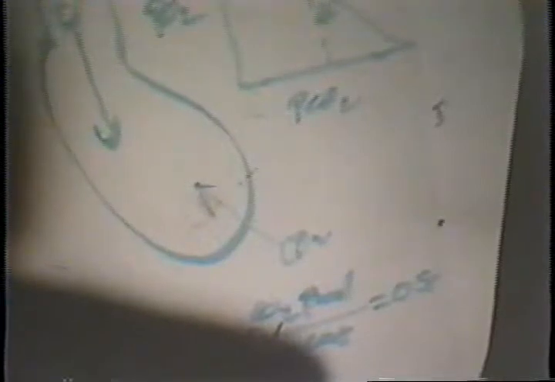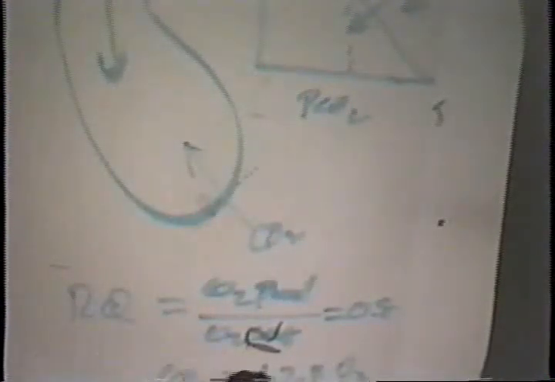Now, 1 over 0.8 is about 1.2. Now, this tells me the following. This tells me that CO2 is equal to 1.2 times O2. Okay?